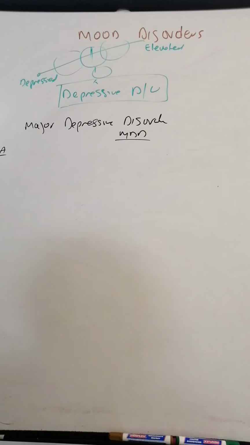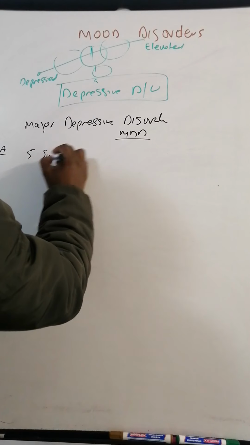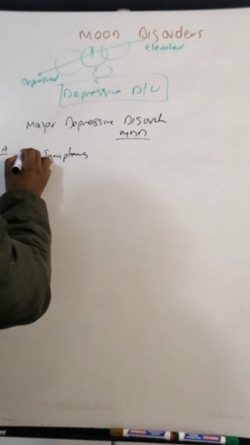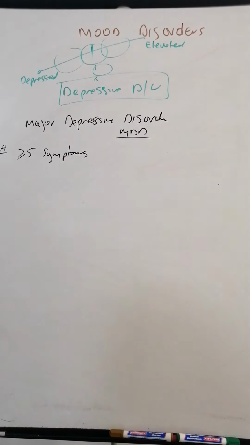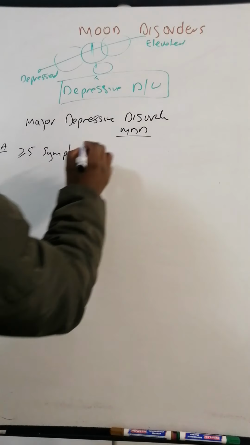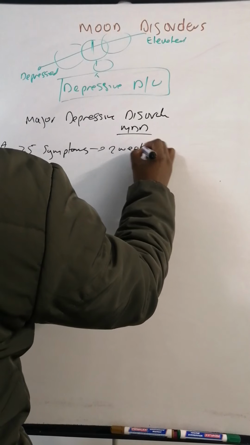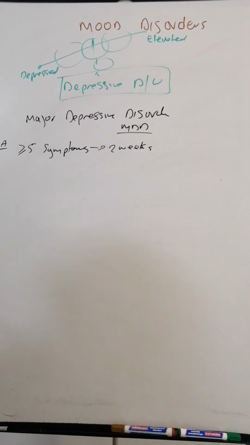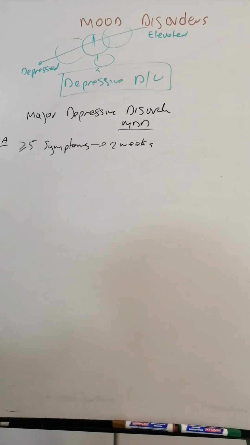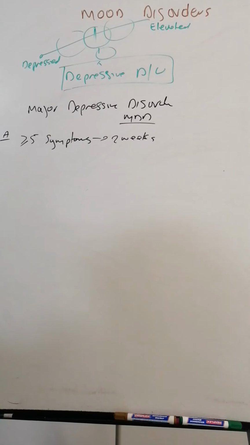For this to be diagnosed, you need 5 symptoms. That's the first thing. You need 5 or more symptoms, a minimum of 5 symptoms. And these symptoms must have been there together for a period of 2 weeks. Durations are very important in psychiatry because most of the time you differentiate one condition from another on the basis of the duration and the timing.